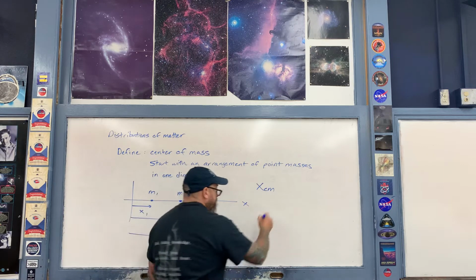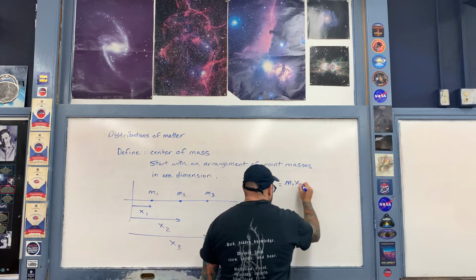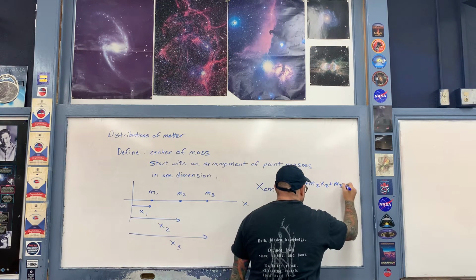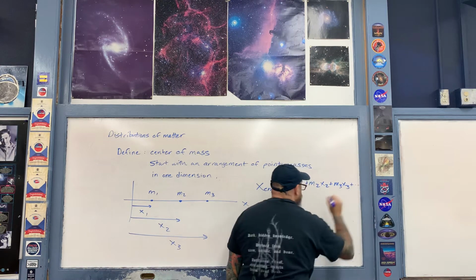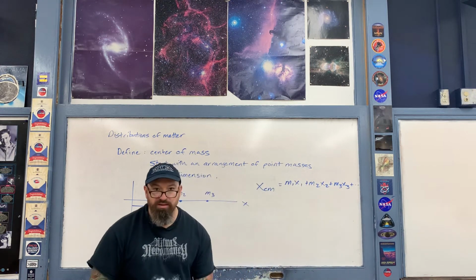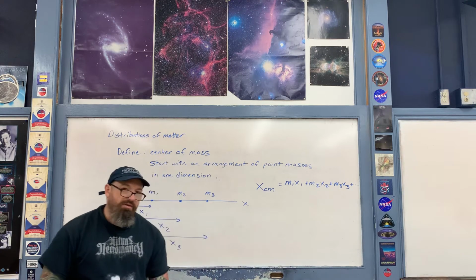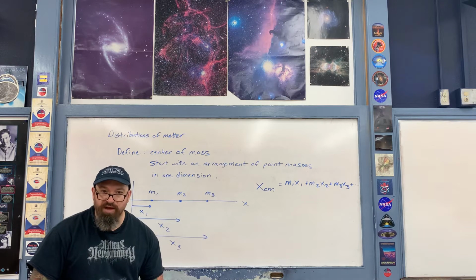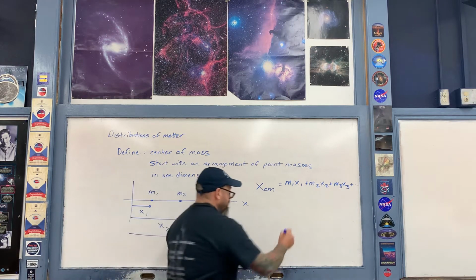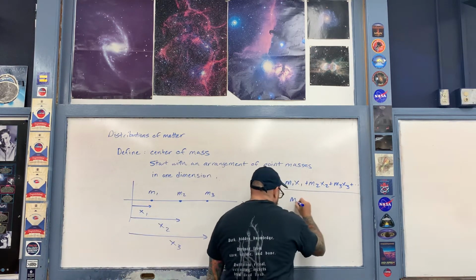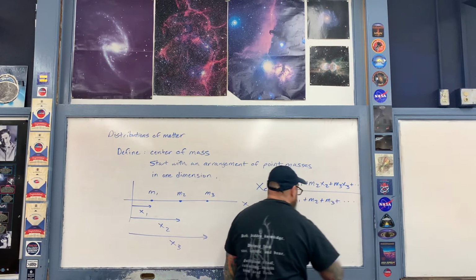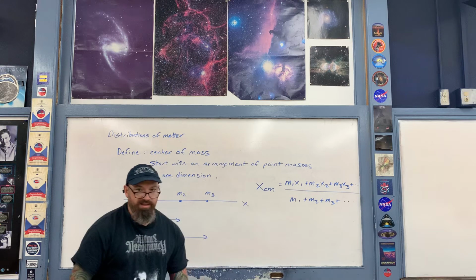So then therefore, I would have m1x1 plus m2x2 plus m3x3, and then plus any additional products that we would have for any additional masses. And then what we do is we take that sum and we then divide it by the sum of the masses. That is like so. So m1 plus m2 plus m3 and so on, once again, if I have additional masses.